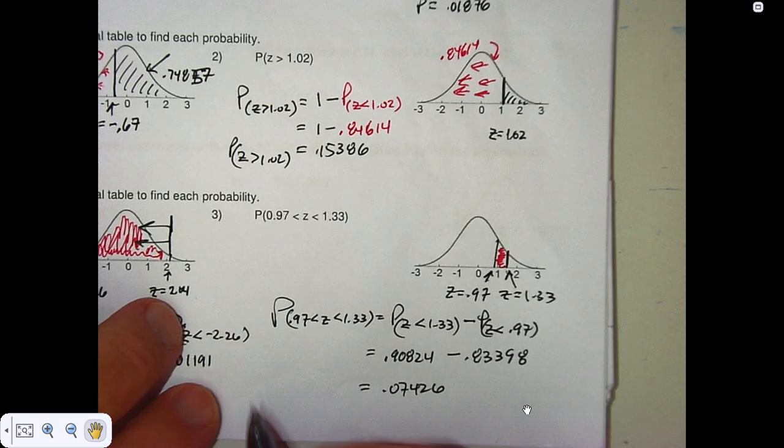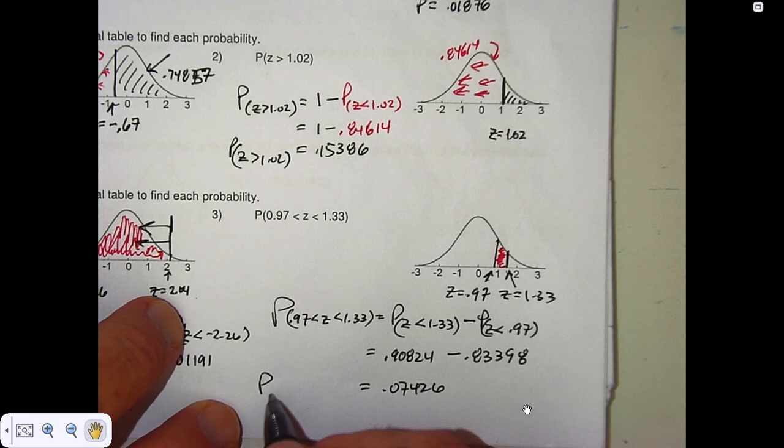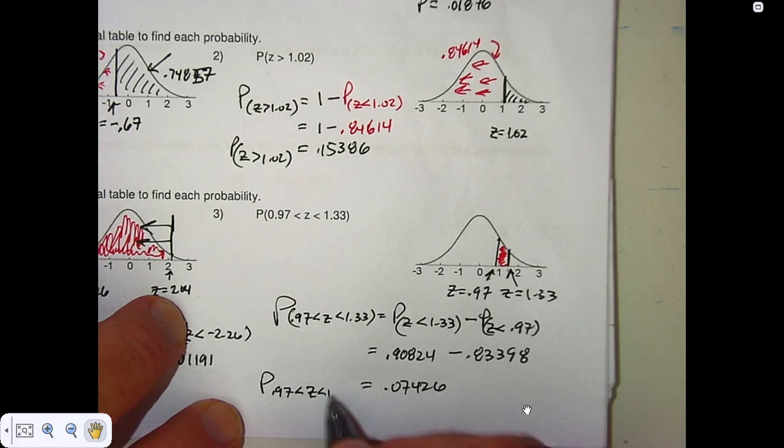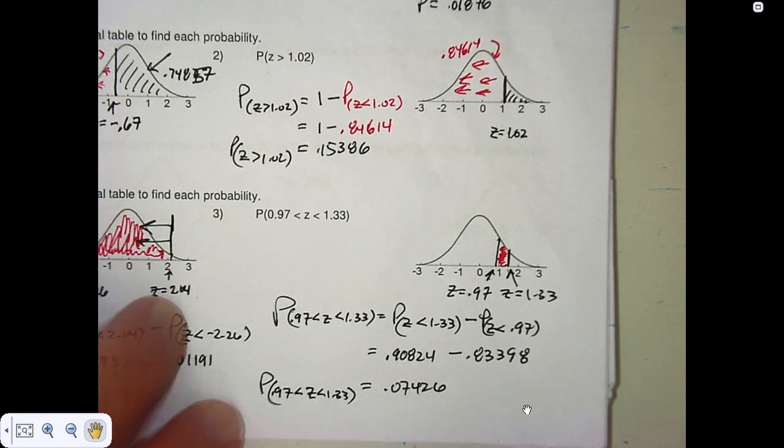So the probability that you'd end up with a z-score between 0.97 and 1.33 is 0.07426.